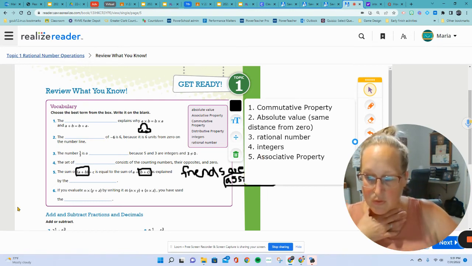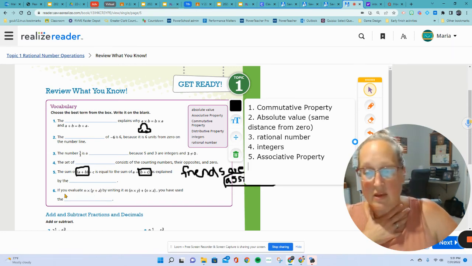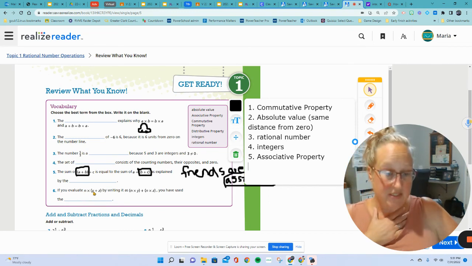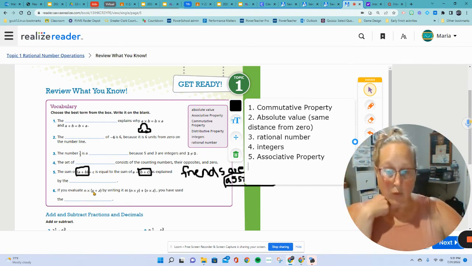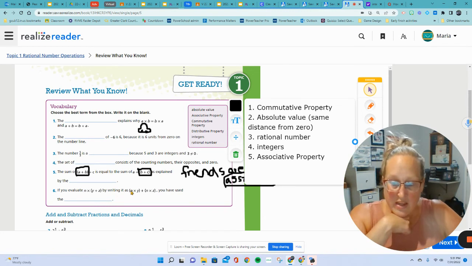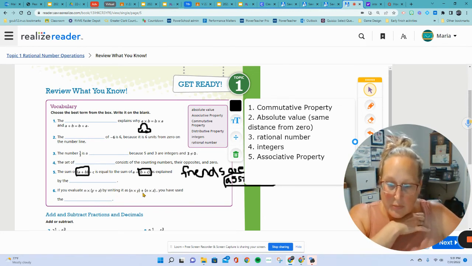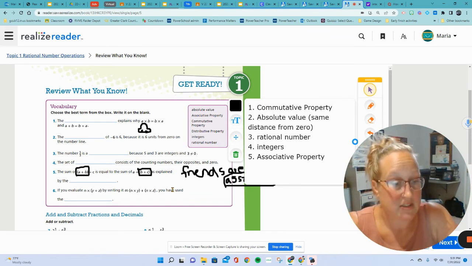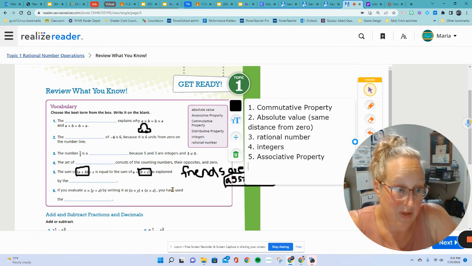Number 6, if you evaluate n times the quantity y plus z, by writing it as n times y plus n times z, you have used the, and I am very impressed if you know this one on your own. So if you're in class, raise your hand now. I'm going to hit pause.